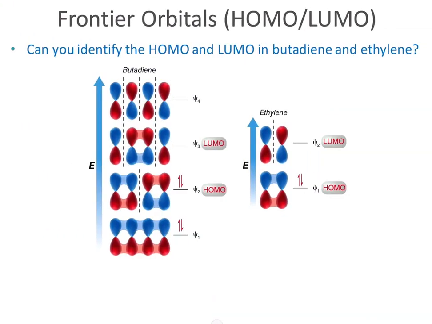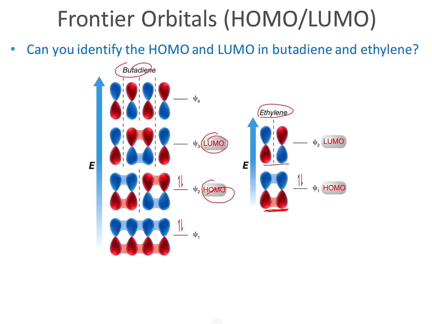Let us look at ethylene. So we've done butadiene, we've identified the LUMO and the HOMO, psi1, psi2, psi3, psi4. Let us go to ethylene. Ethylene has 2 carbon atoms, so we can have the one where there is no node, and then psi2 is going to have 1 node.